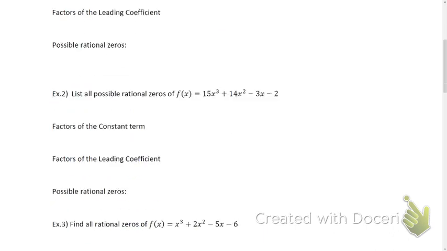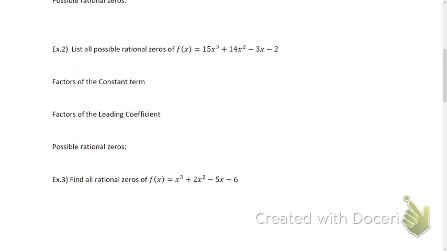So on number 2, I write down my constant. That's negative 2. Factors of negative 2 are plus minus 1, plus minus 2. Factors of the lead, 15, are plus minus 1, plus minus 3, plus minus 5, and plus minus 15.